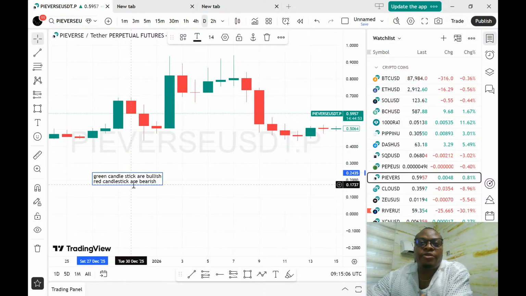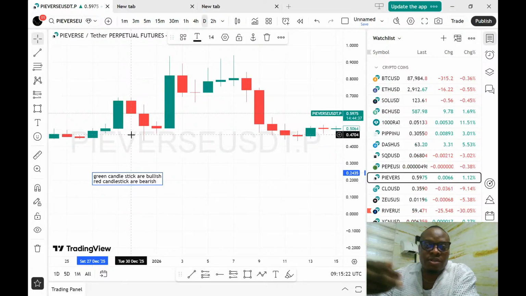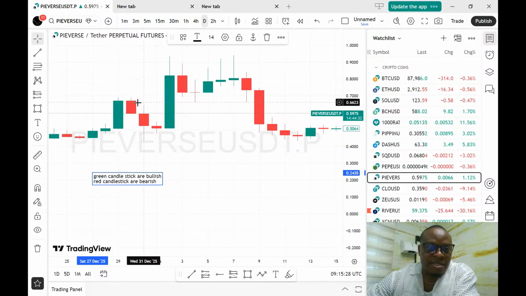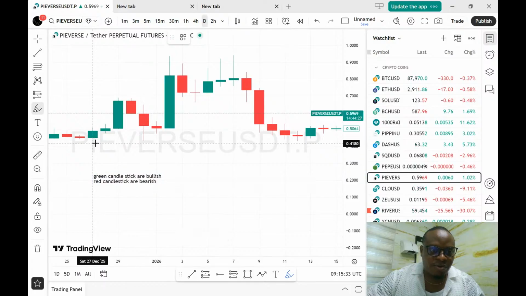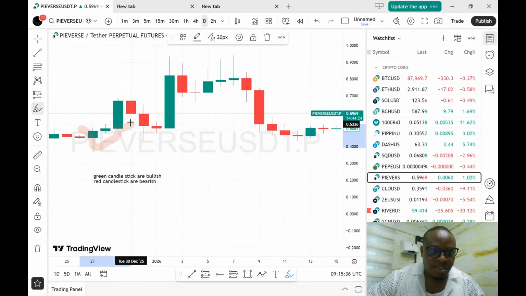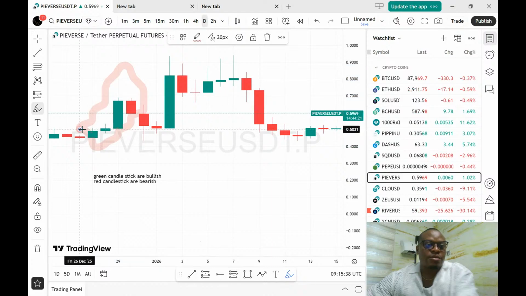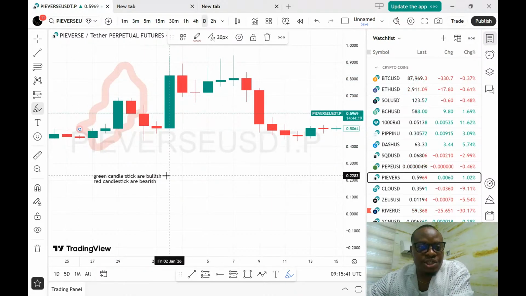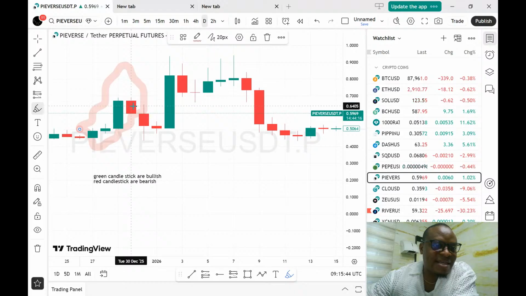Whenever you see a green candlestick, just know that the market is going up. When you see a red candlestick, you know that the market is going down. But sometimes it's not always like that, because sometimes you see consecutive candlesticks. For example, from this point to this point is bullish, but you can see there's red here.